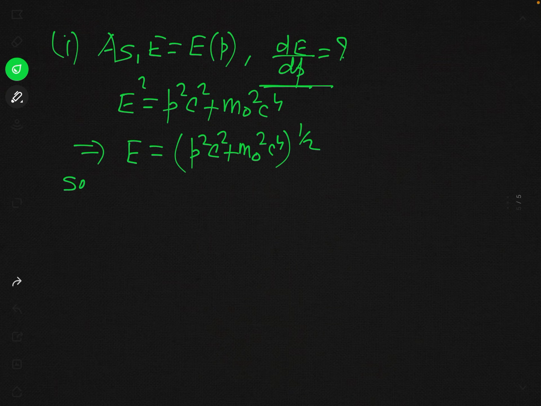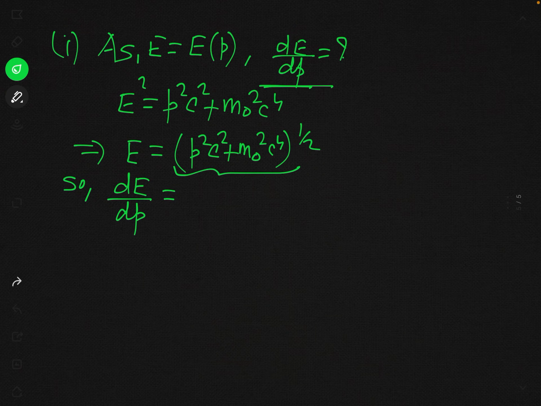Half power means a square root. So now let us find the rate of change of total energy with respect to P. So differentiate this expression with respect to P. That is, you have to calculate the value of dE by dP.